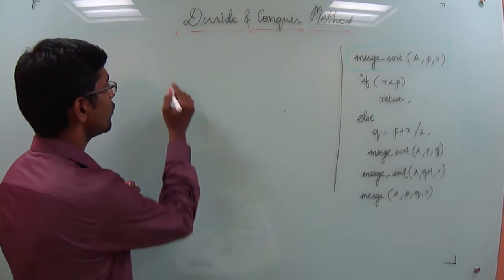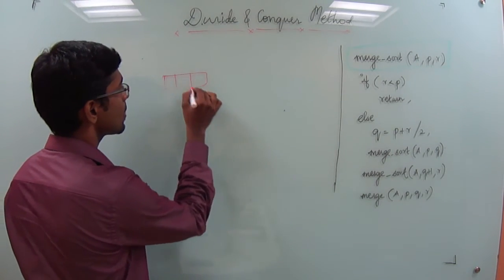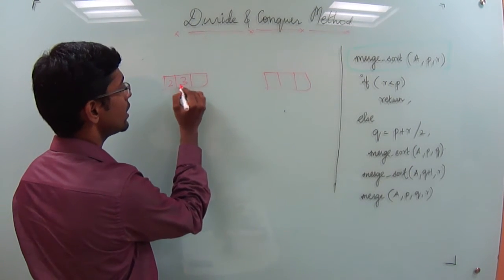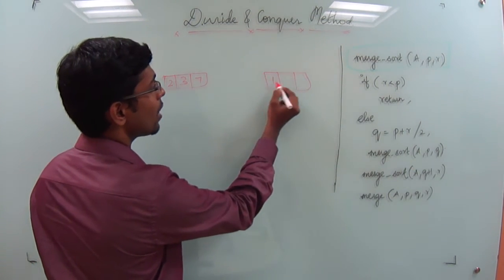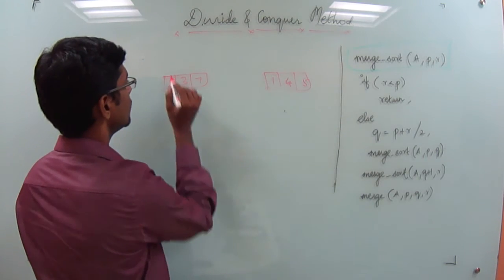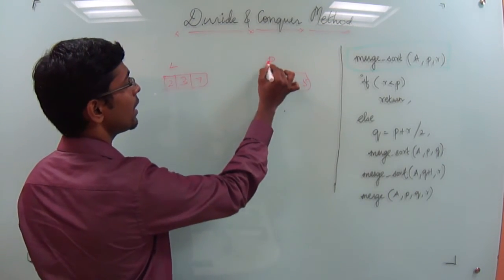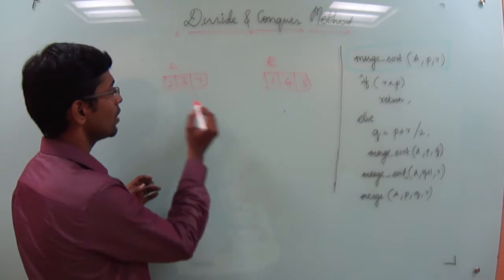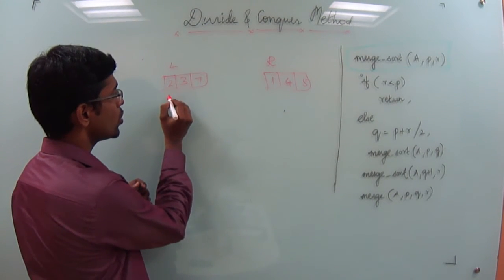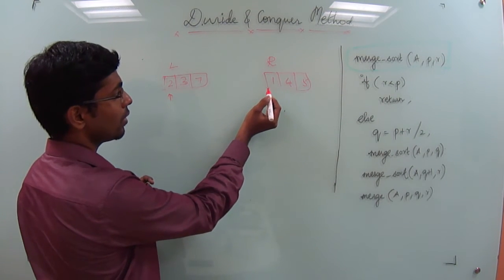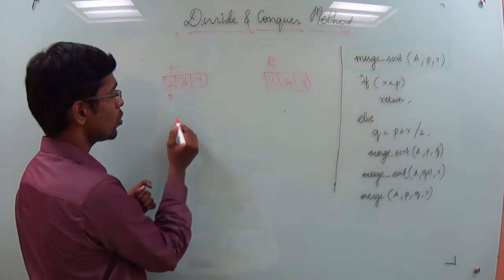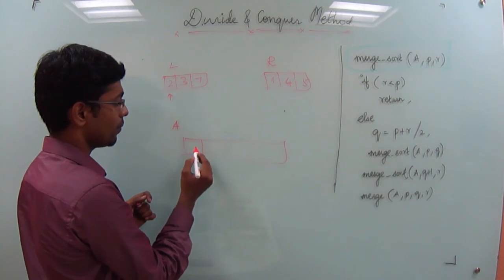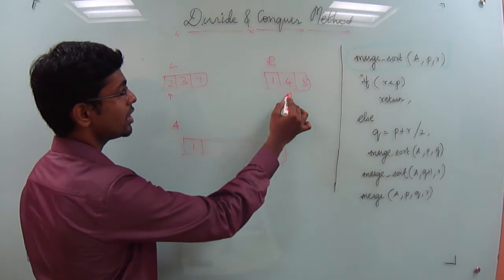Let us assume that we have two different arrays. These are the two arrays: 2, 3 and 7, and then 1, 4, 5. So this is the left array and this is the right array. As soon as I start merging, I see that 2 is greater than 1, and so I put 1 in the array A, and then I increment j.